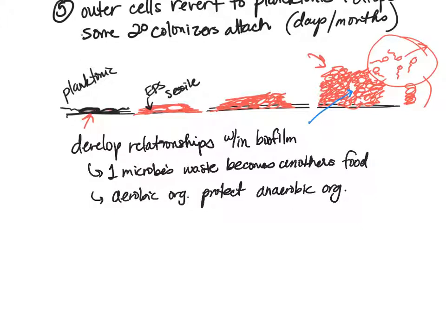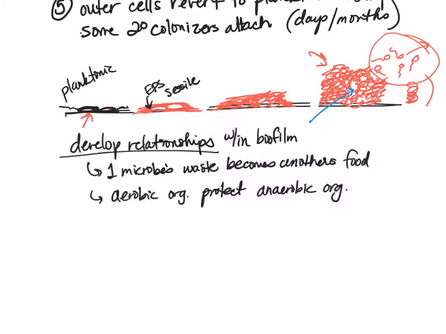So how do they do this? How do biofilms develop these relationships? And when do they become bothersome or virulent to an organism if they are a harmful biofilm, for example? Well, how they do this is through quorum sensing. And quorum sensing is a specific mechanism that is going to allow cells in a biofilm to coordinate their activities.